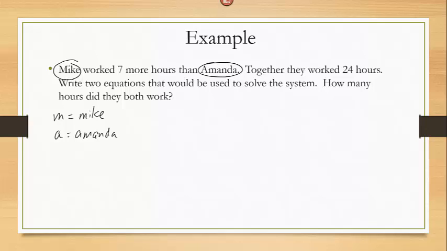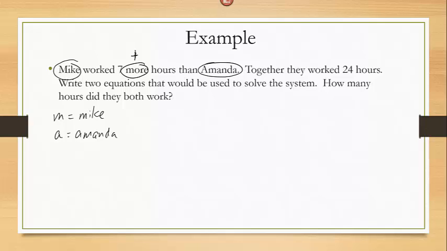So let's see. Mike worked 7 more hours than Amanda. More means plus. So 7 more hours than Amanda. Let's say Amanda worked 5 hours. Just saying. So 7 more would be 7 plus 5, 12 hours.